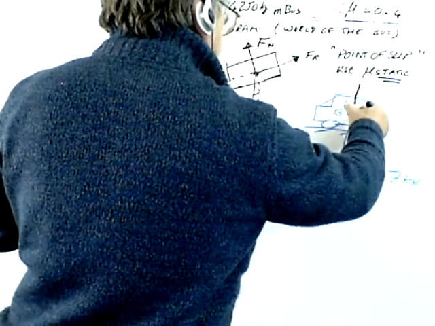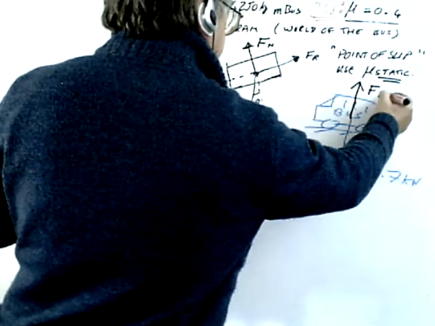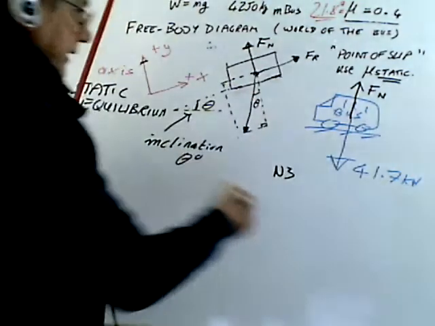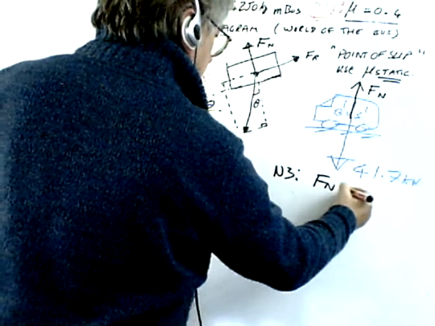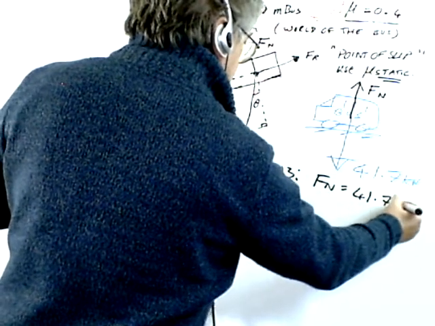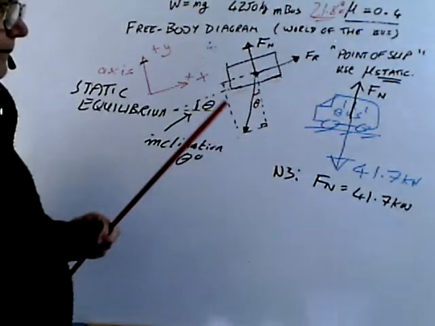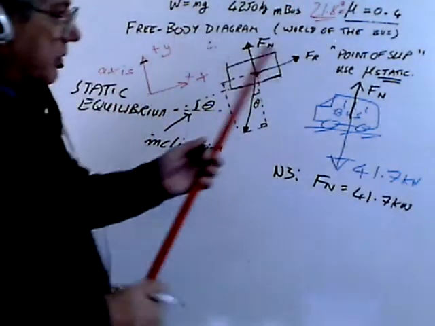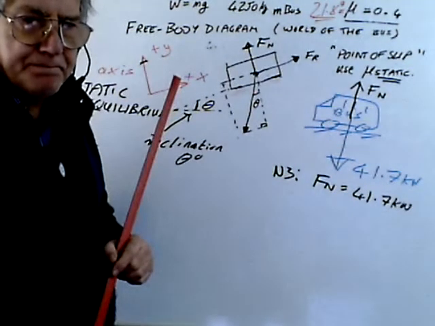And that equal and opposite reaction is what we call the normal force, Fn, in this particular case. So Fn must equal that 41.7 kilonewtons as well, but be in the opposite direction. And that's that problem solved. There are no other forces on the body.